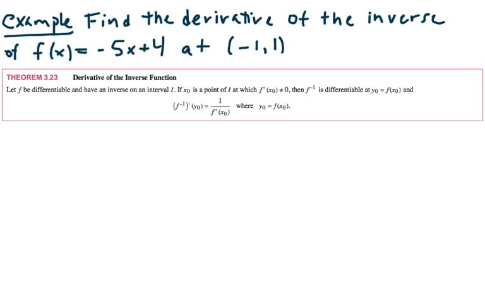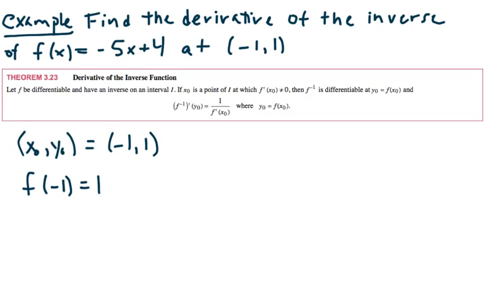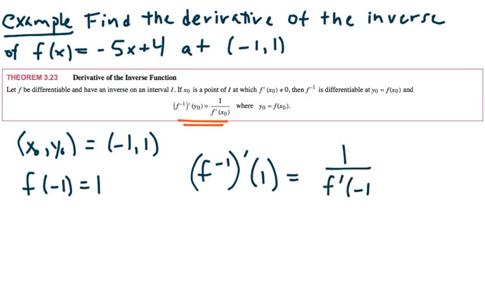So let's do this derivative with that idea. We want to find the derivative of the inverse of f of x when f of x equals minus 5x plus 4 at the point minus 1, 1. So our x naught, y naught is the point minus 1, 1. That means x naught is minus 1, y naught is 1, or in other words, f of minus 1 equals 1. There are just two different ways to write the same thing. Plugging that into the formula, we would have f inverse prime of 1 is equal to 1 over f prime of minus 1.